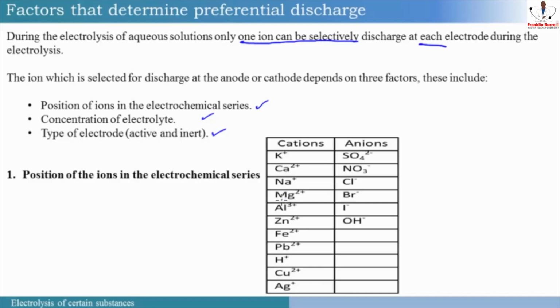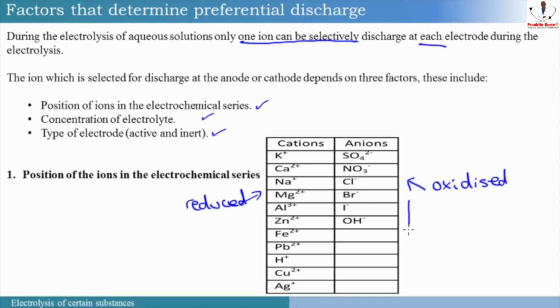If they gain electrons, then these cations must be reduced, and by reduced, we mean that they are gaining electrons. The anions will be oxidized. Why are they oxidized? Because they are losing electrons. The trick is which one is oxidized more easily than the other.